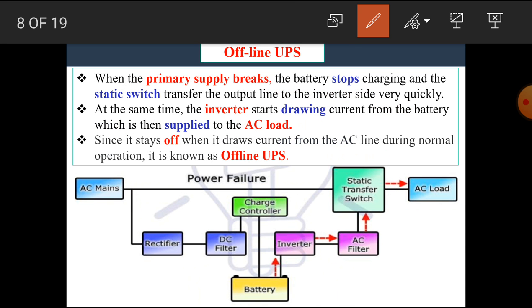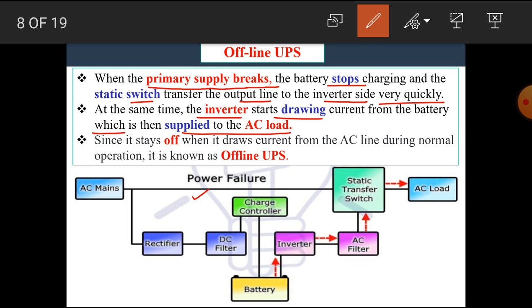Now let's see the offline UPS in power failure operation. When the primary power supply breaks, the battery stops charging and the static switch transfers the output line to the inverter side very quickly. At the same time, the inverter starts drawing the current from the battery, which is then supplied to the AC load.